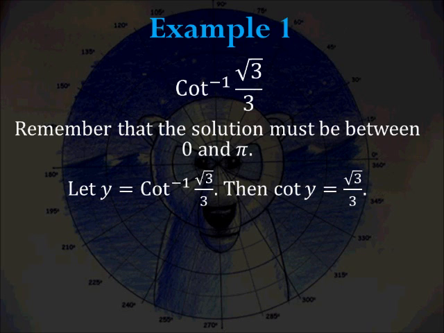So what value of y does that equal? y is pi over 3, and so the inverse cotangent of root 3 over 3 is pi over 3. I might have misspoke earlier. Let y equal the inverse cotangent of radical 3 over 3, then set cotangent of y equals root 3 over 3 and solve for y. Now again, just like with the inverse sine and inverse cosine, you don't necessarily have to go through each step. If you know the angle, you know the radian, plug that in and you'll be fine.